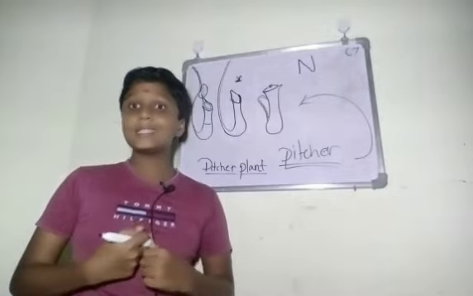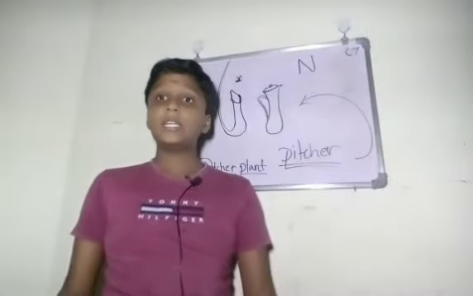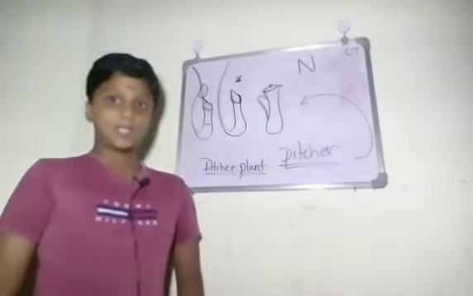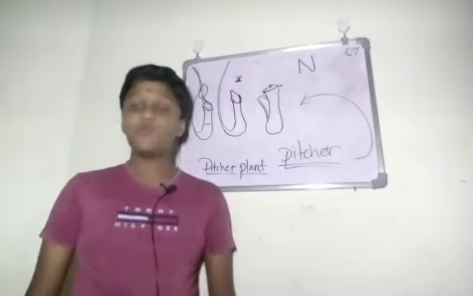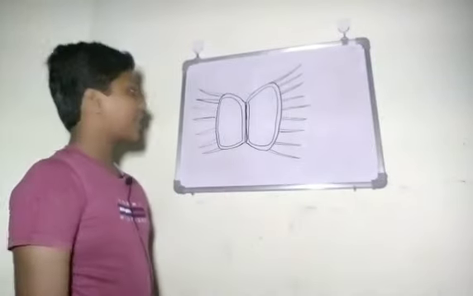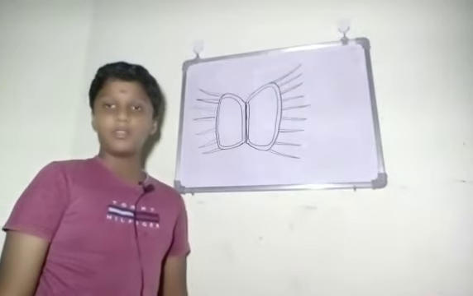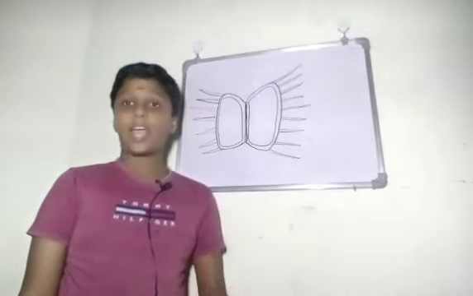And now we are going into another type of insectivorous plants, or carnivorous plants, the famous Venus flytrap. So can you see this weird thing? This is really weird, and this is not how it actually looks.